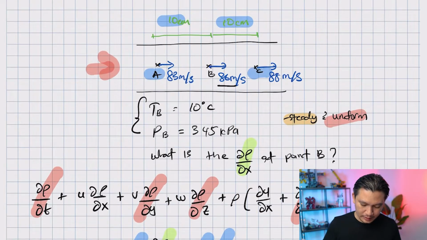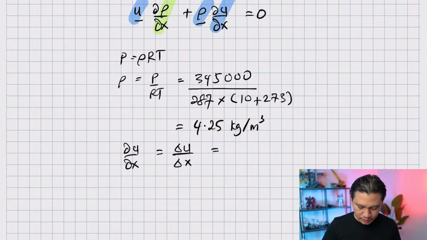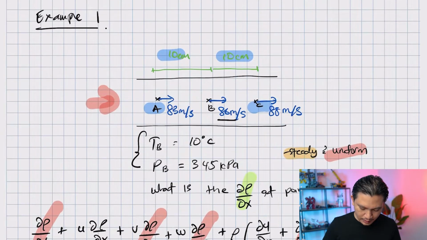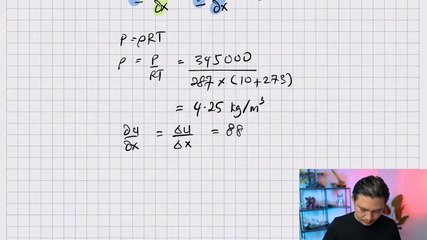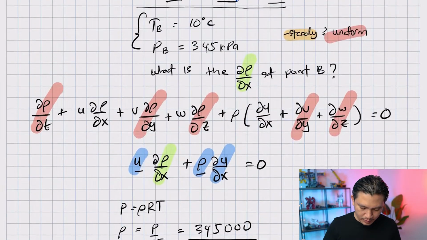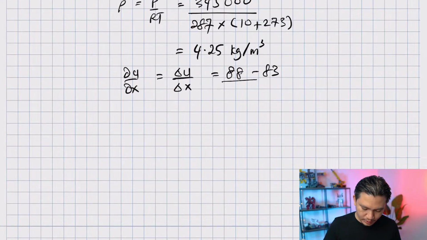Okay, del u over del x can be approximated by the change in velocity over the change in the x direction. So this will be 88 minus 83, divided by 20 centimeter, that will be 0.2 meter.